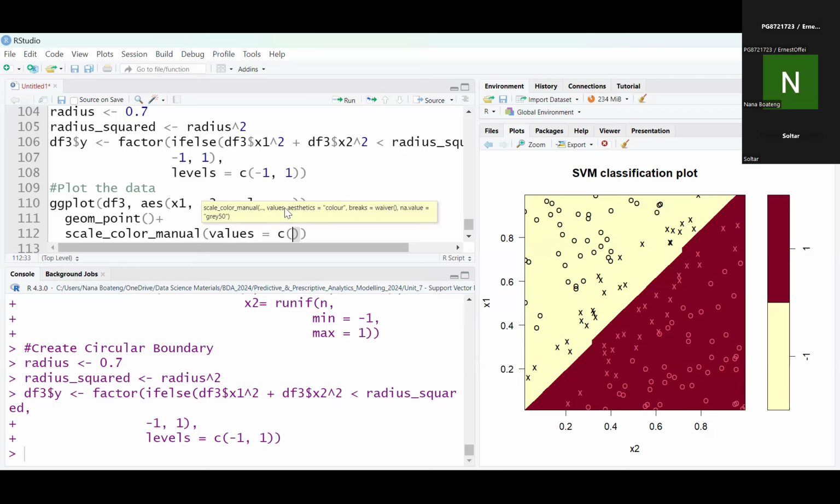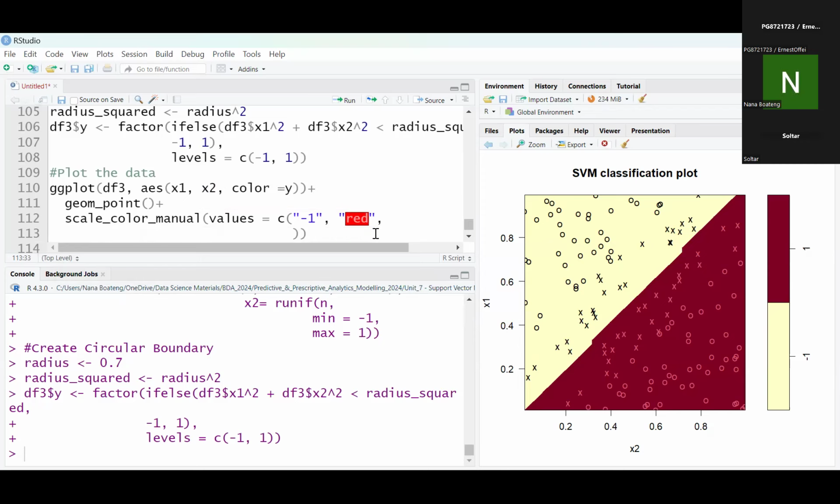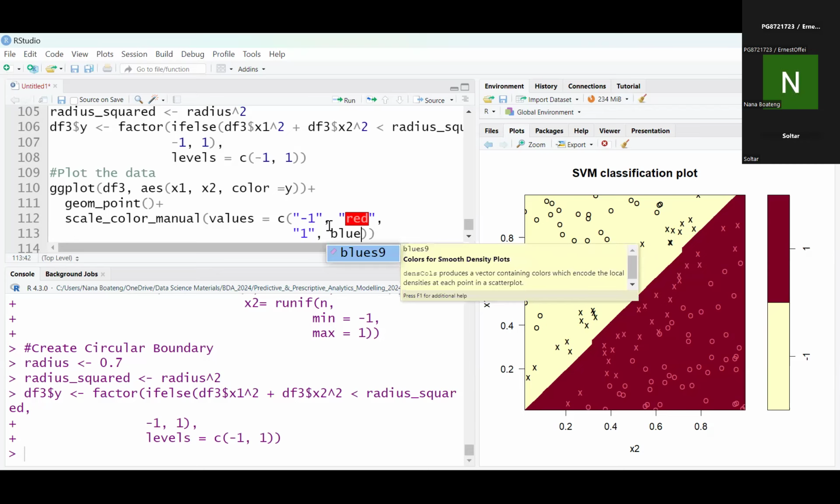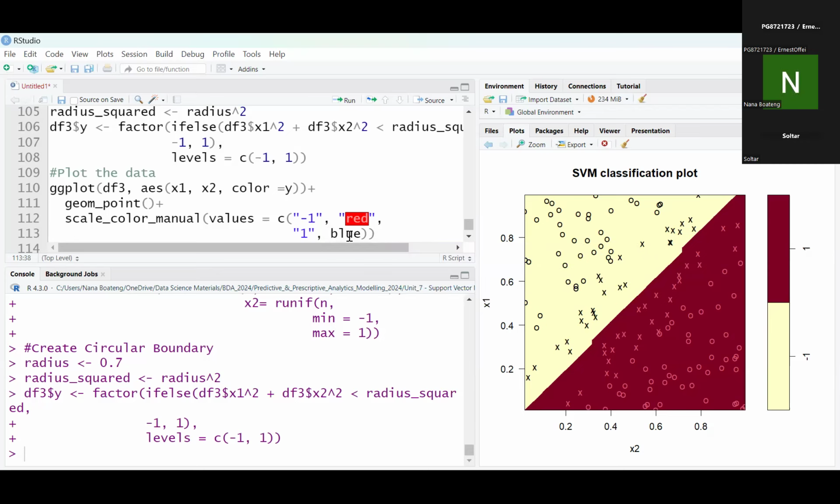Remember, -1 for red, and then 1 for blue. The blue should be in inverted commas. Okay, so we name this p.